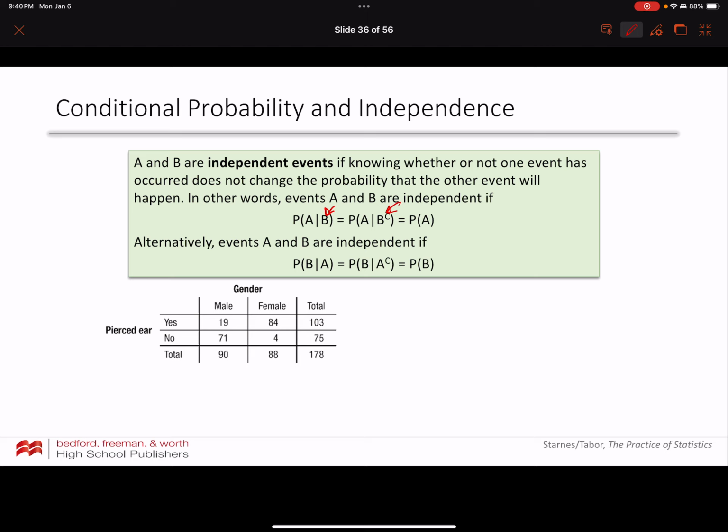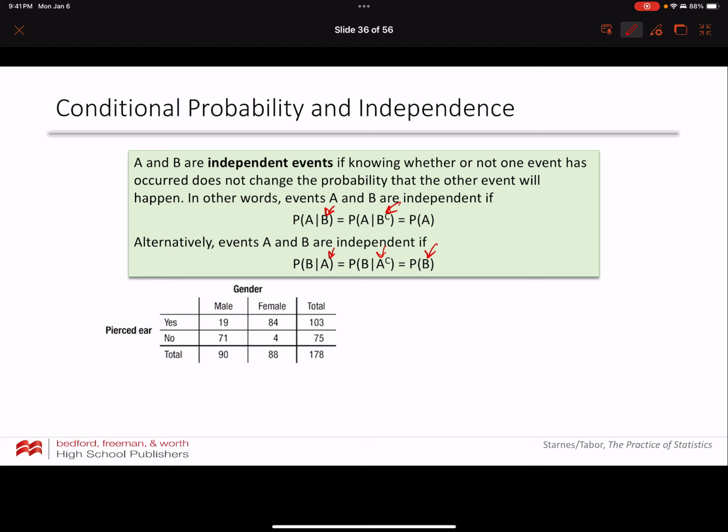Alternatively, if A and B are independent, then if I know that A happened, or if I know that A didn't happen, the probability of B is always the same. So to be clear, if A and B are independent, all of this has to be true. So basically I have like 4 truths.